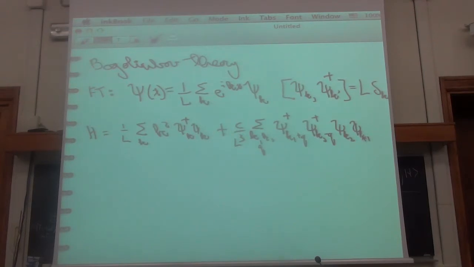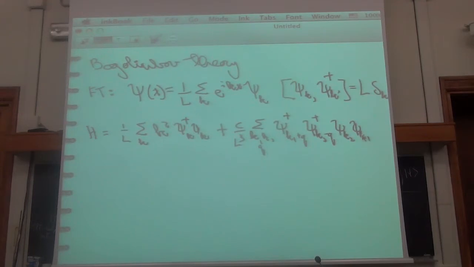Now, what do you expect in the presence of weak interactions? Of course, if you put c equal to 0 in here, your ground state is going to be everybody sitting in the zero momentum mode. So if you have big N particles, the operator ψ†_k ψ_k will count N particles in the zero momentum mode.